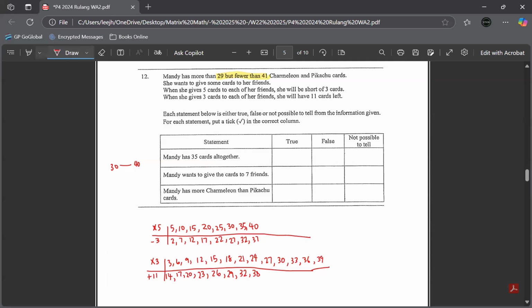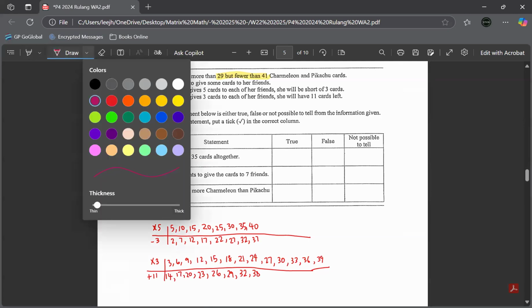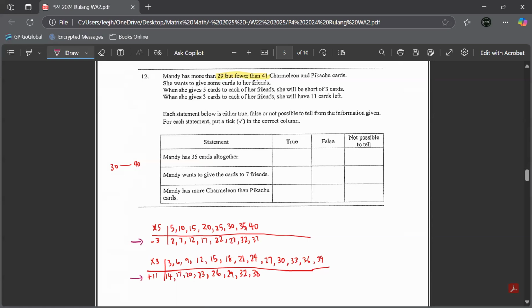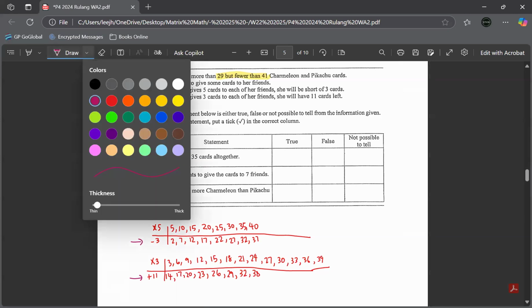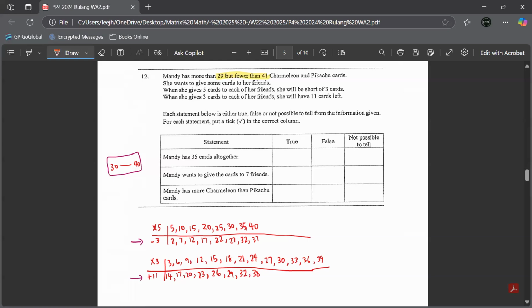So you know that when we do this kind of question, we always compare the lower row, because that will be when the total is between 30 to 40. We are going to write down the number of friends because she gives some cards to her friends. The number of friends is fixed.